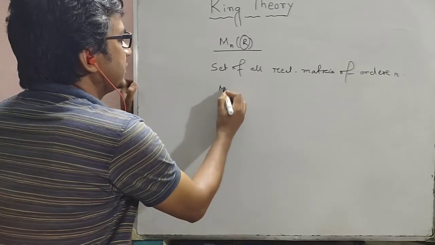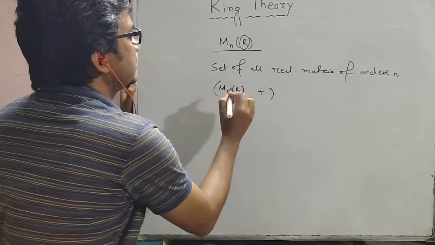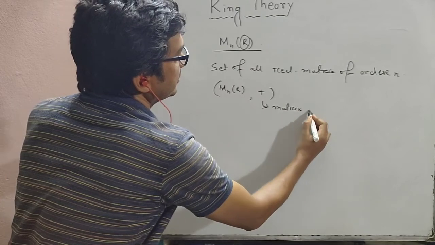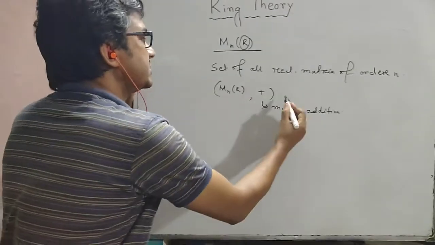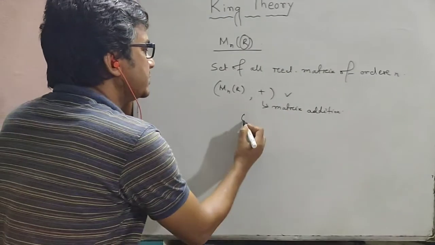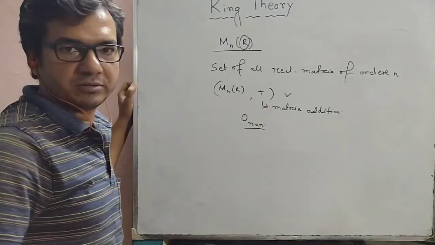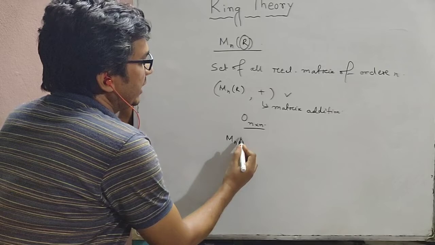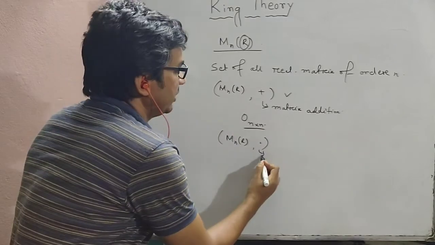We know that M_n(R) plus, this is matrix addition, is a commutative group. Here the 0 element is the n cross n 0 matrix, and M_n(R) dot, this is matrix multiplication.